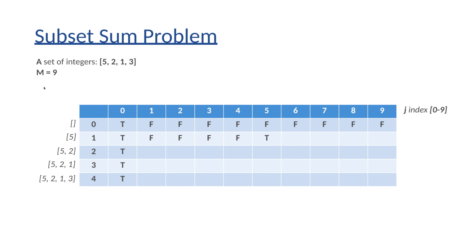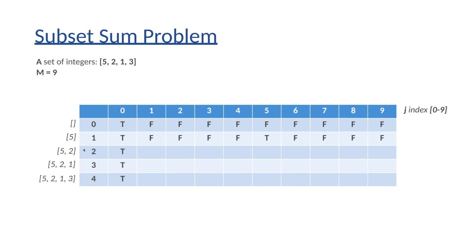Is it possible to end up with m equal to 5 when we have a single item with value 5? Of course. Is it possible to get 6? Of course not. 7? Of course not. 8 and 9 are also false. So we are going to return true, of course, if it is possible to compute the actual value of m with the help of the underlying integers.